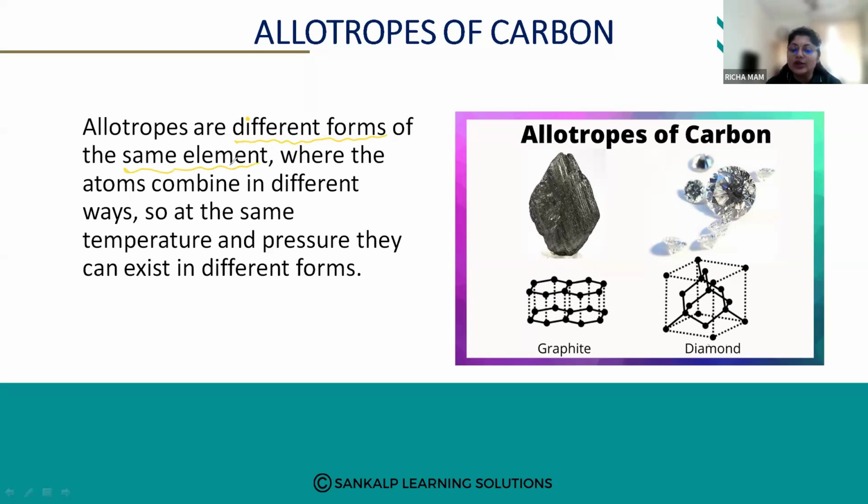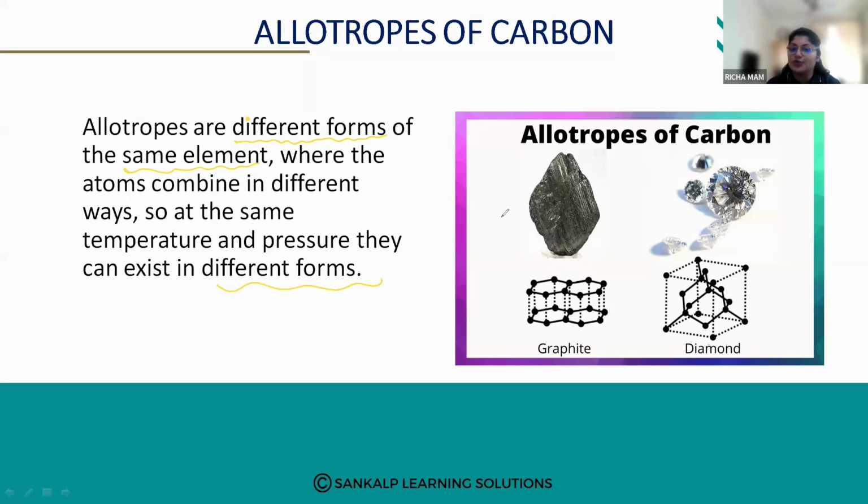Carbon is present in different forms because of different physical properties. The atoms combine in different ways, so the way of combining is different. At the same temperature and pressure they can exist in different forms. So allotropes are the different forms of the same element.